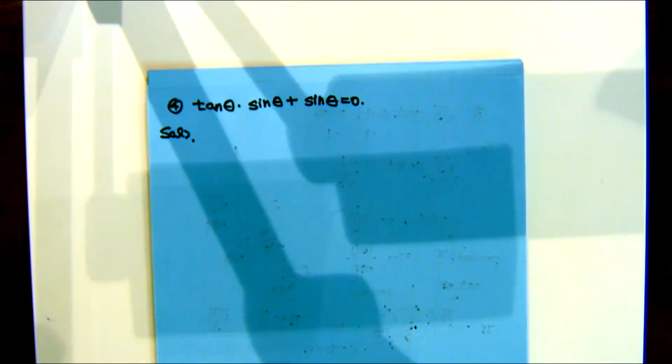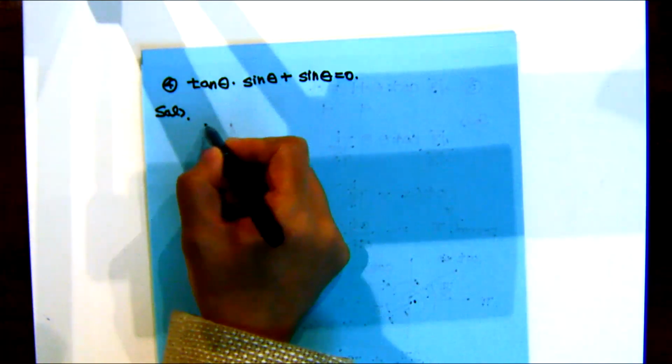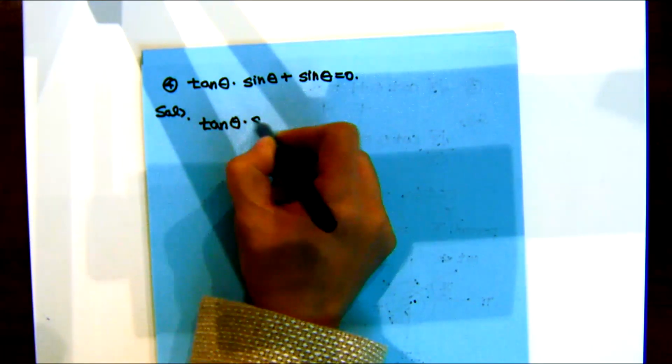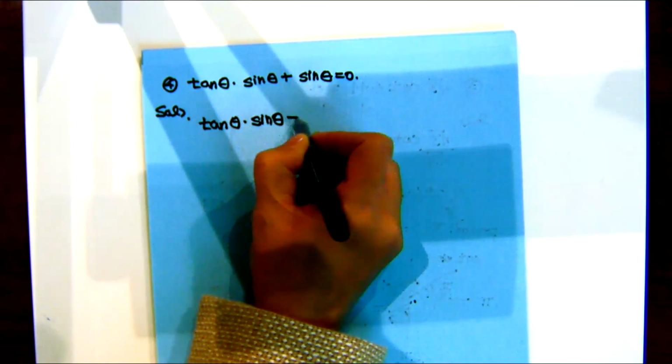I think everybody noticed that sine is included in both terms. So sine should be taken out, but there were some students who couldn't understand the factoring process. So let me elaborate a little bit to make things a little bit easier.